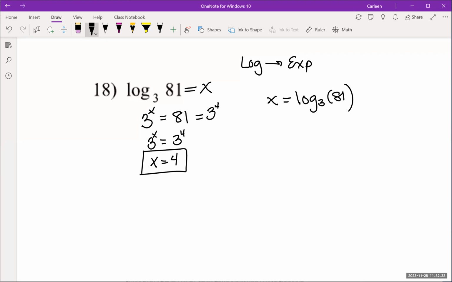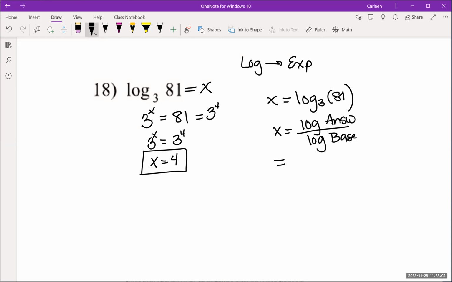The calculator does not do base 3. So this is called the change of base formula. Okay, you do log of the answer divided by log of the base. Okay, I'll write this down.